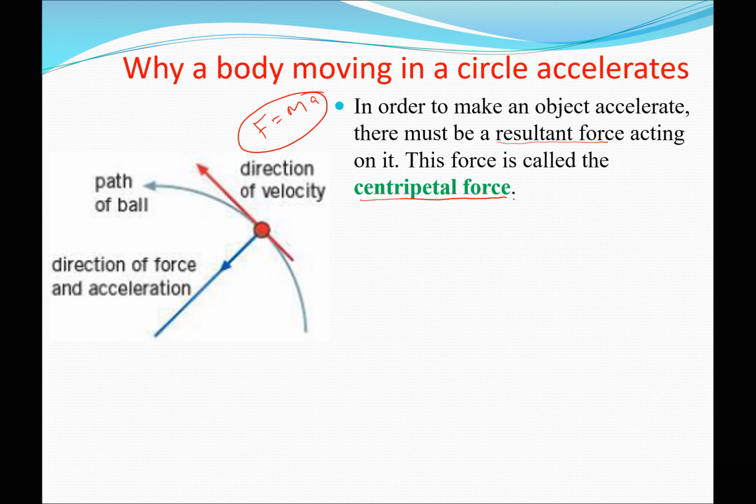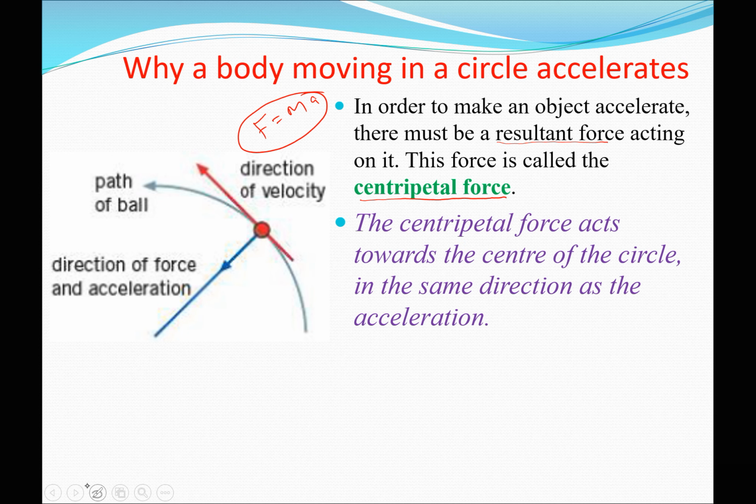Why is it called centripetal? It's only because it acts towards the center. It seeks the center. So the centripetal force, just like the centripetal acceleration, acts towards the center of the circle in the same direction as the acceleration, as predicted by Newton's second law.